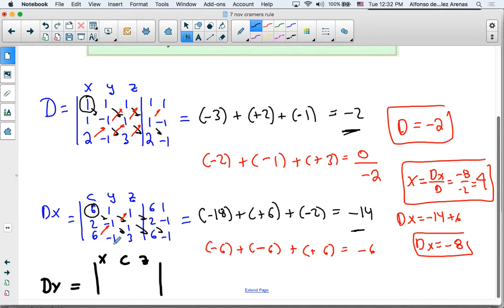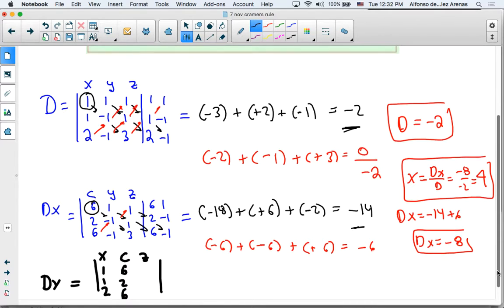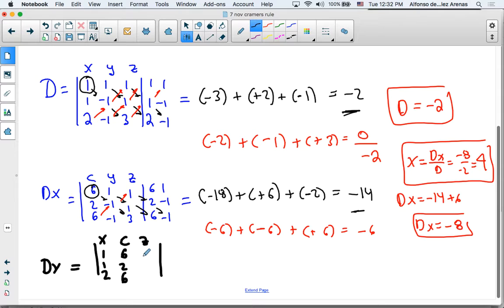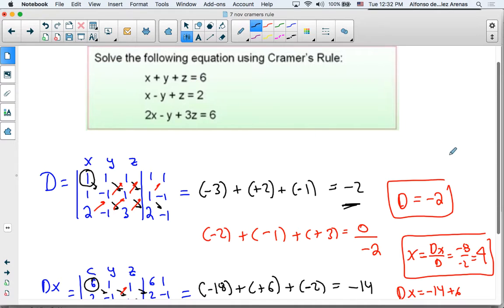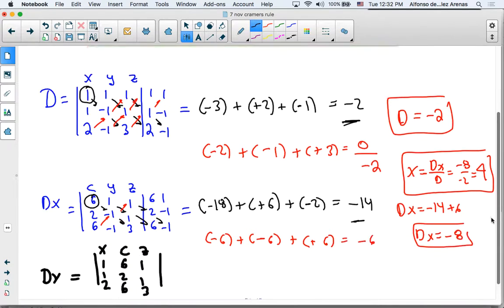The x's are the same we have here, 1, 1, and 2. The constants are these values, 6, 2, and 6. And the z's were 1, 1, and 3. So it's the same getting them from here or going directly to the system and finding the values.